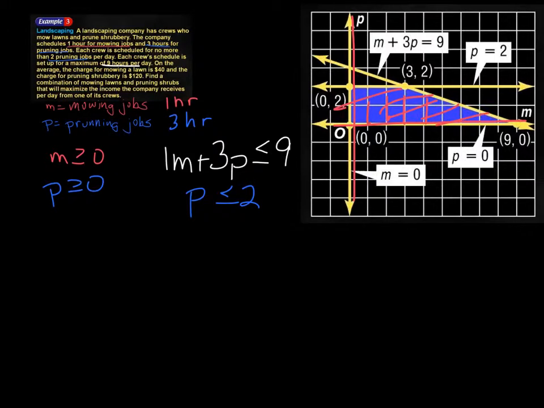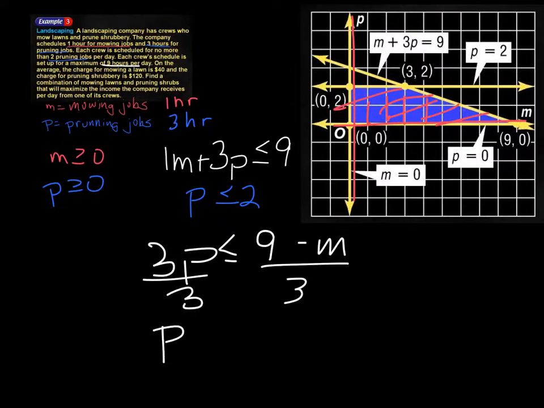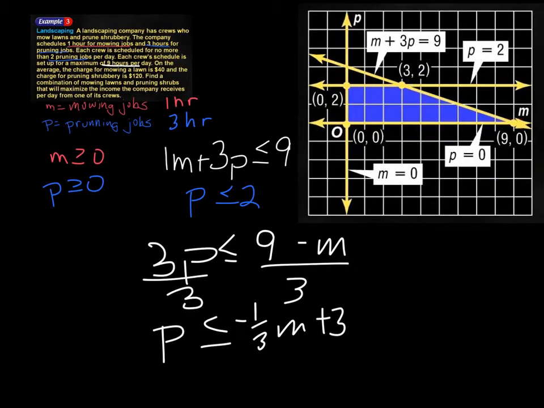And then our other line, if we solve that for P, since that's where our vertical axis is, we'd have 3P is less than or equal to 9 minus M, divided by 3, switch my order here so it's how we like it. So negative 1/3 M plus 3. So we have a y-intercept at 3, and our slope is going down 1/3. And again, it is shaded below. So there's our blue shaded region. Our vertices are at (0, 2), (3, 2), (0, 0), and (9, 0).